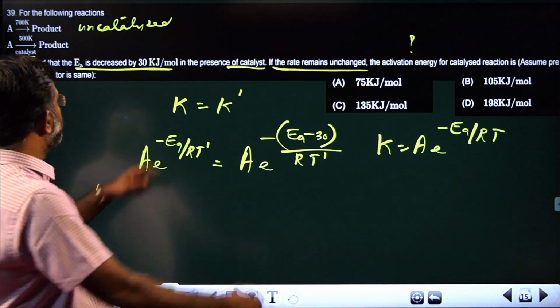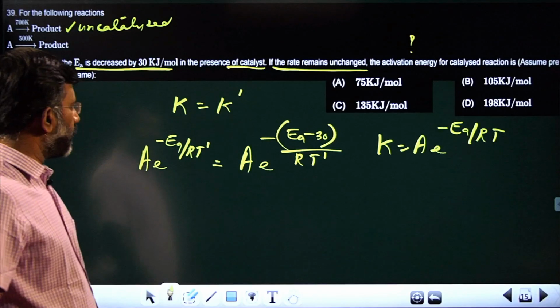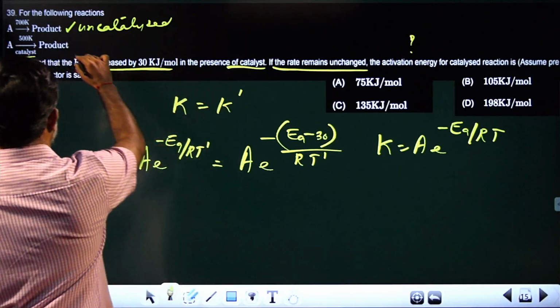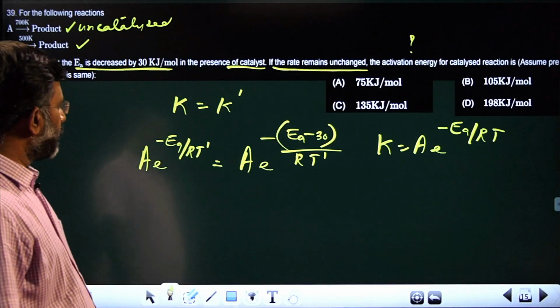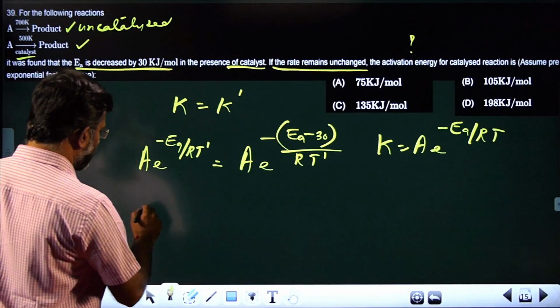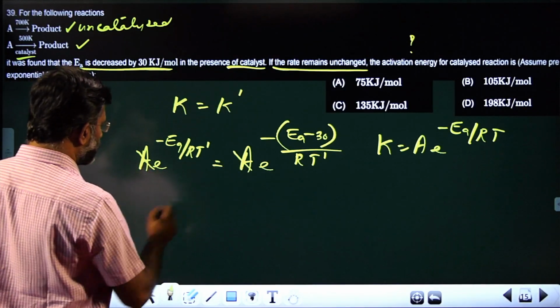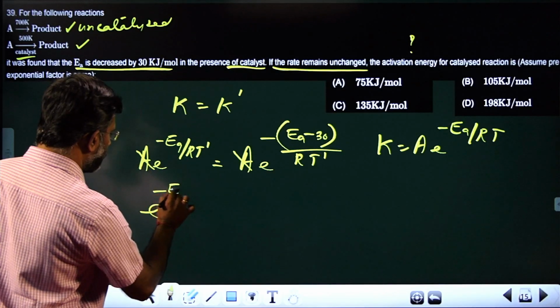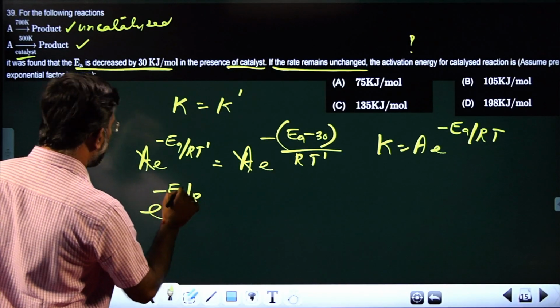So this is K for the first reaction, uncatalyzed, and this is K dash for the second reaction, catalyzed, right? So it is going to be A cancels, e raised to minus EA by RT.